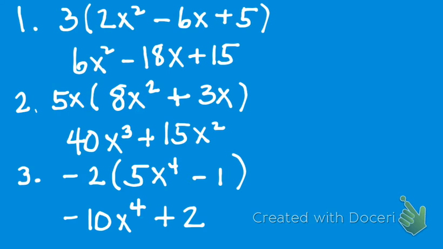In the second example, you're multiplying 5x times the 2 terms inside the parentheses. So you have 40x to the third plus 15x squared. In the last example, you're multiplying negative 2 times the 2 terms inside the parentheses, resulting in negative 10x to the fourth plus 2.